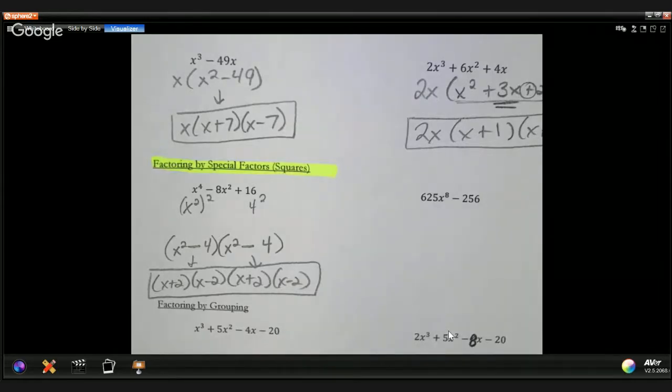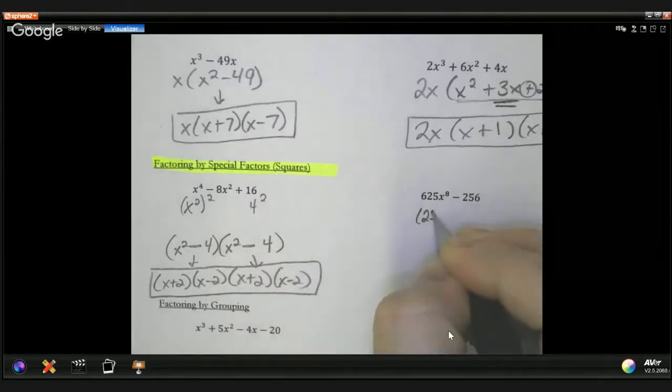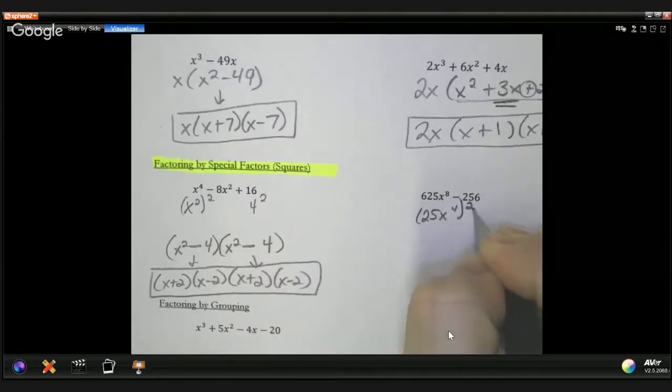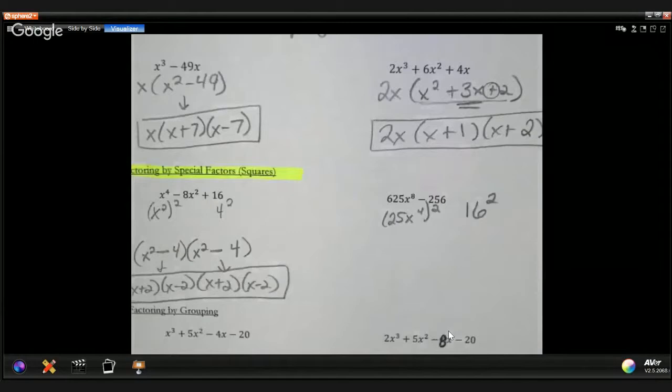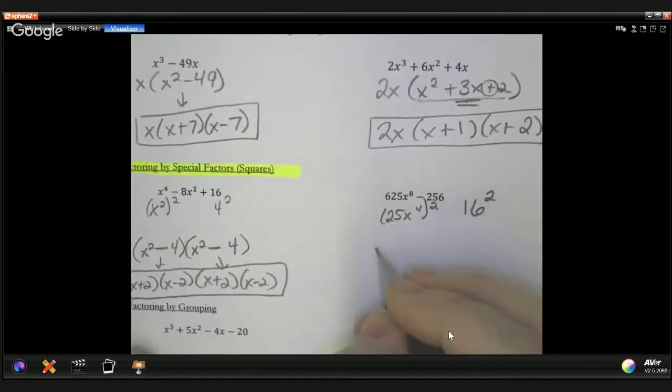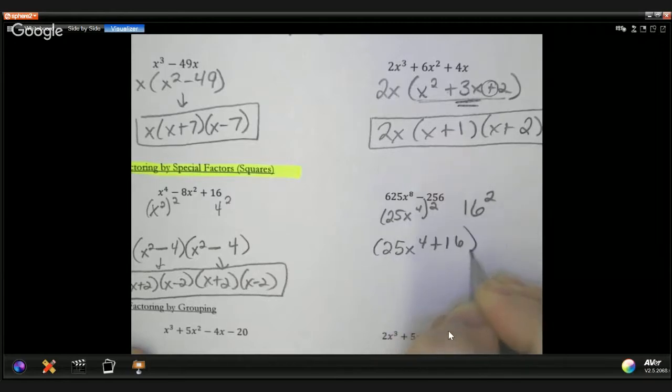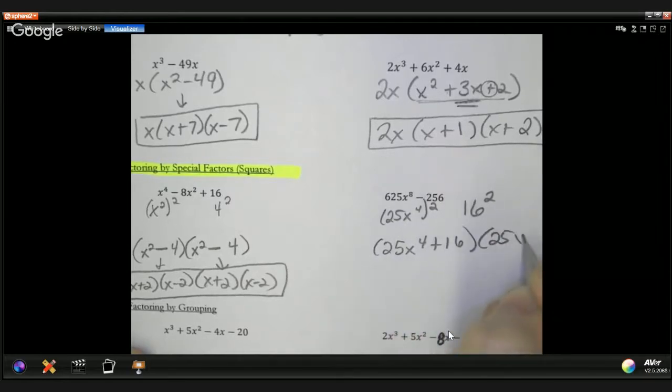When you look at the problem on the right, 625 is actually 25x to the 4th squared. And 256 is actually 16 squared. So now this is a difference of squares, and there's no middle term. So that means I'm going to have a 25x to the 4th plus 16 and a 25x to the 4th minus 16.